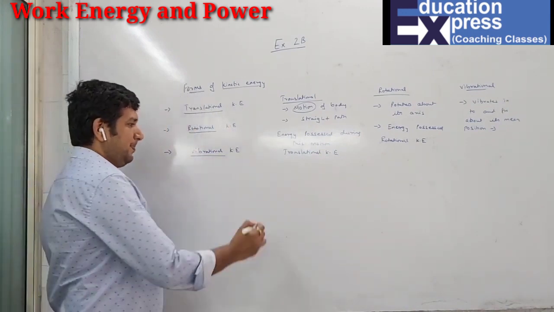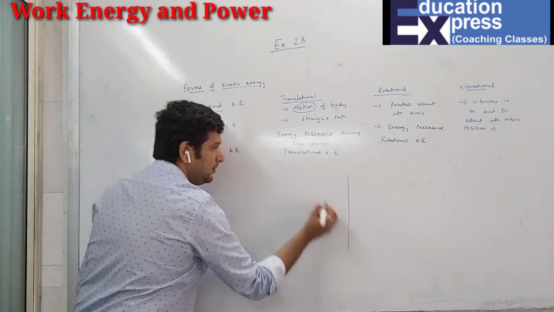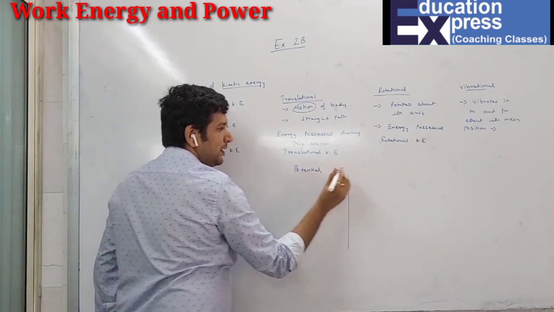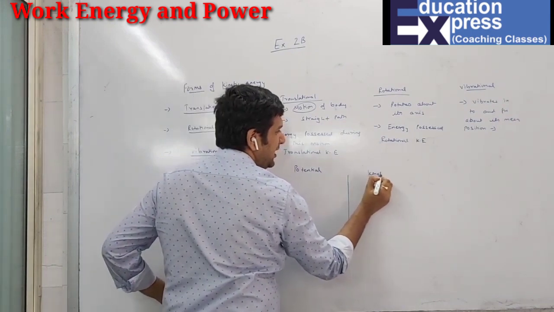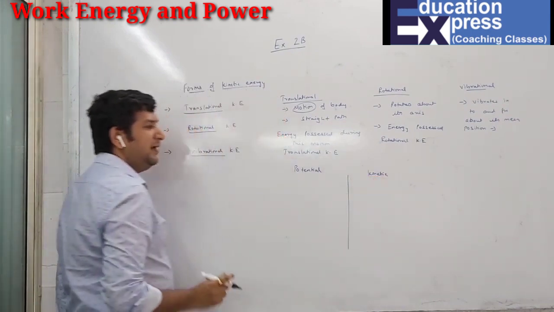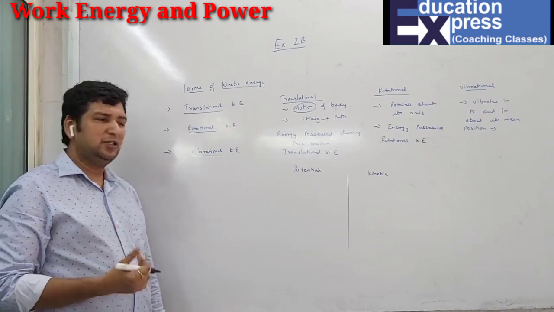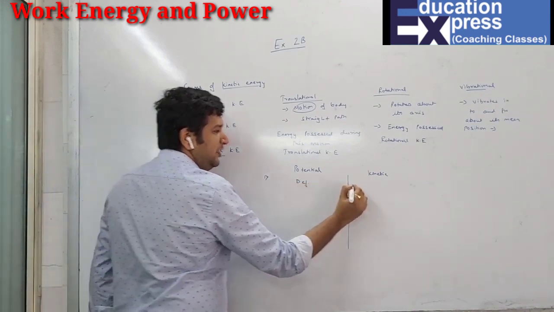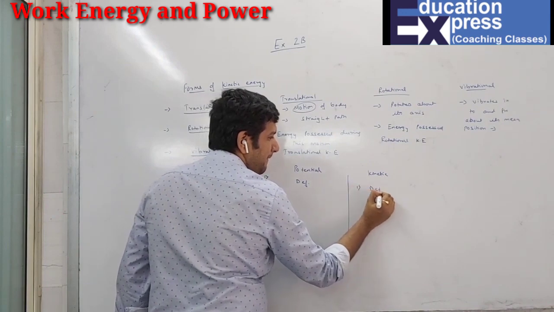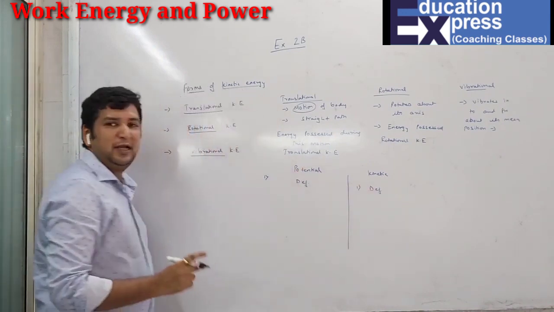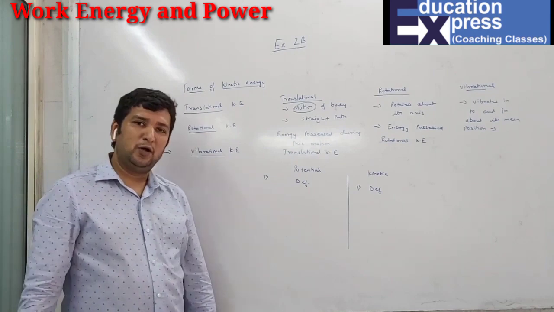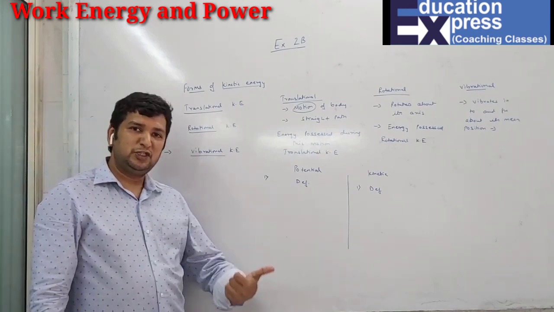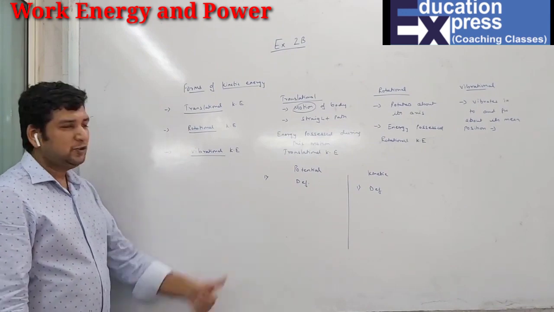Now, we will distinguish between potential energy and kinetic energy. Students, I have discussed earlier that whenever we start with a differentiation, the first point we always write is the definition. So what's the definition for potential energy? Energy possessed by the body on account of its rest, changed position or configuration is said to be potential energy.